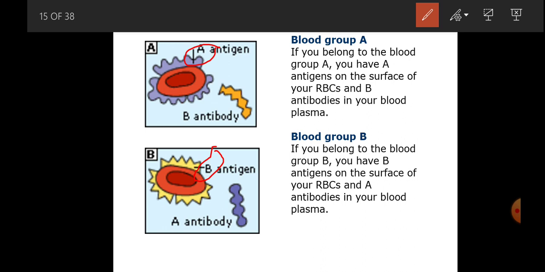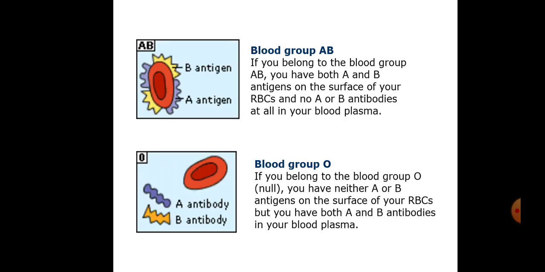So in the blood plasma, we have antibodies against a particular antigen. For blood group AB, we have said that the genes for A and B are codominant and they express themselves 50-50. If you have this blood group, it means that you have no antibodies at all that correspond to those antigens.